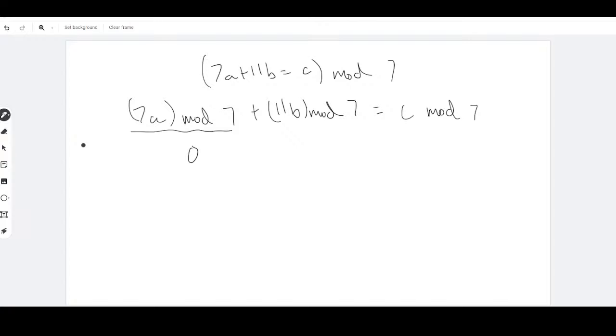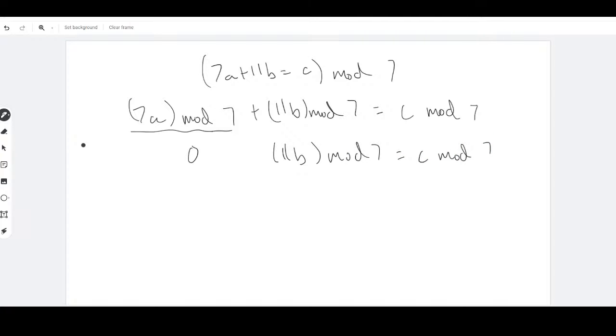So if we take this equation into mod 7, the 7a mod 7 term will go to 0. And then what we have is just 11b mod 7 is equal to c mod 7.